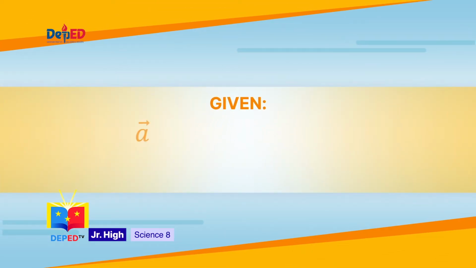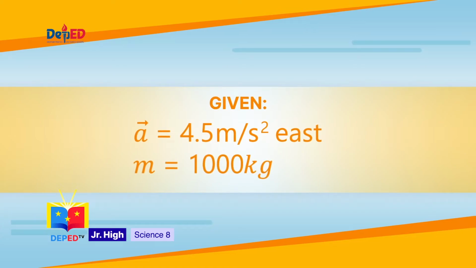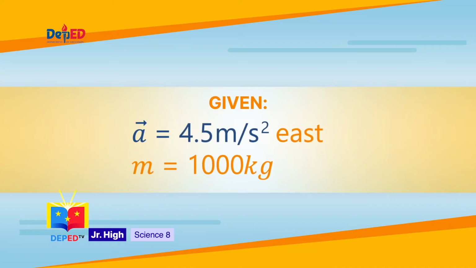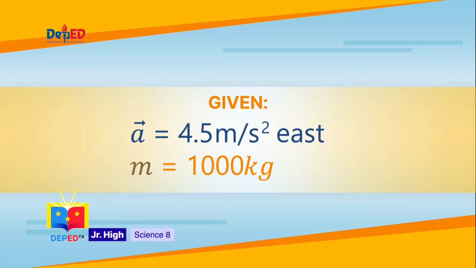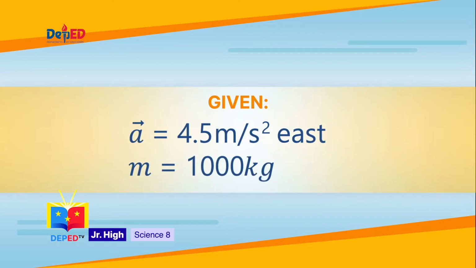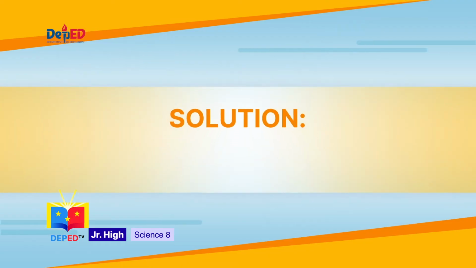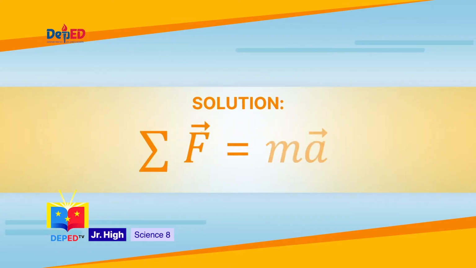The first thing we must do is to take note of the given information in the problem. We have acceleration which is equal to 4.5 meters per second squared east. We also have mass which is 1,000 kilograms. Now that we have taken down the given, let's write our solution.